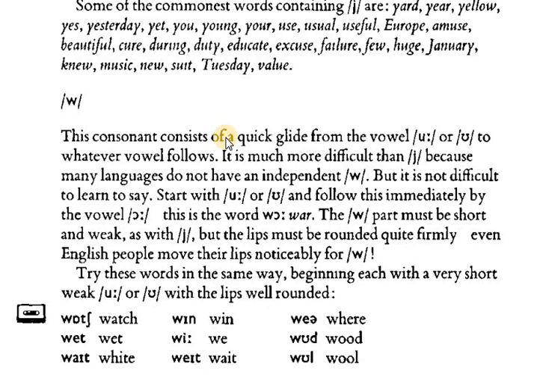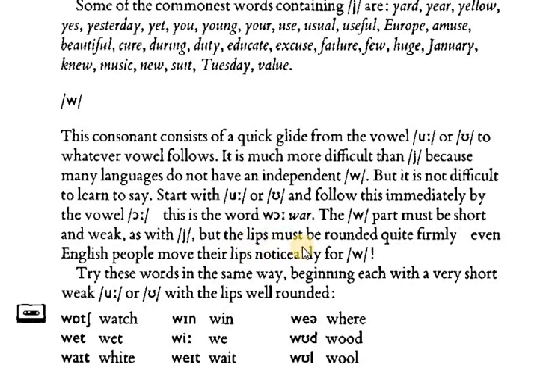Start with u or u and follow this immediately by the vowel o. This is the word wo. If I want to say the word wo, I start like the vowel u and then glide quickly to the following vowel, which is o. So wo, wo, wo. The w part must be short and weak, because the sound is basically a quick glide, as with ye.